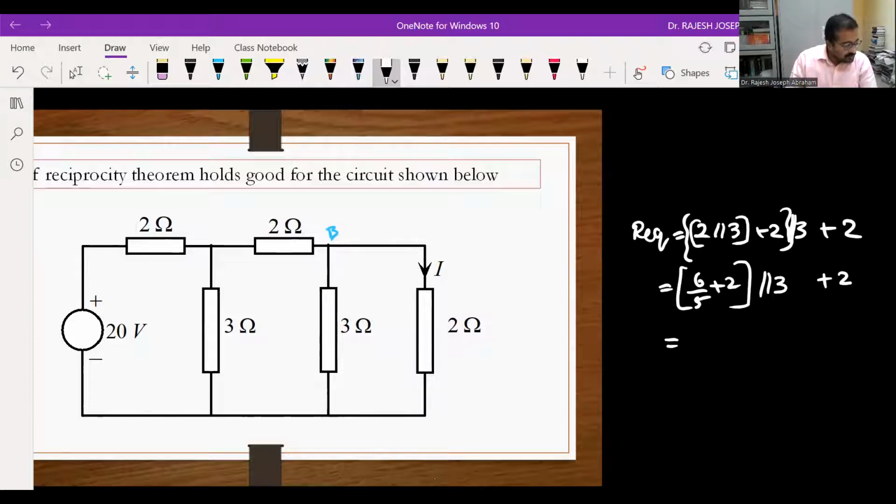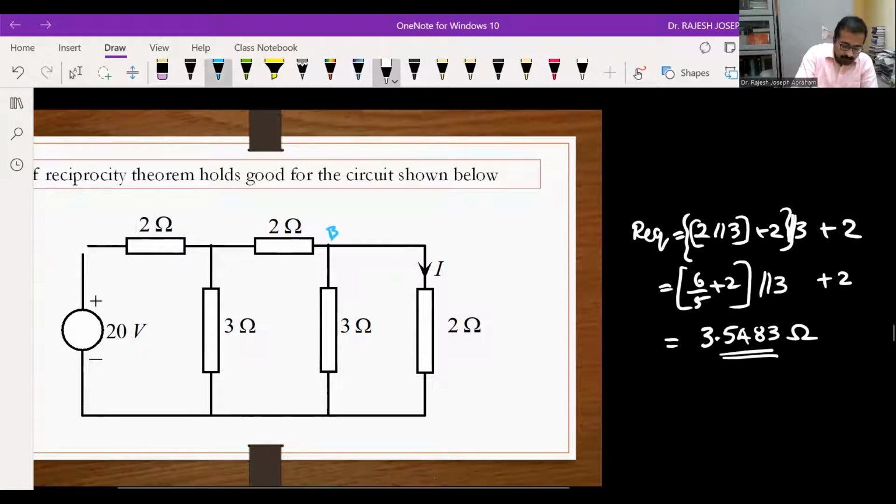If you do this, you will get your R equivalent as 3.5483 ohms. This will be the R equivalent as seen from points, say, X and Y. That will be the equivalent resistance seen with respect to terminals X and Y, 3.5483 ohms.